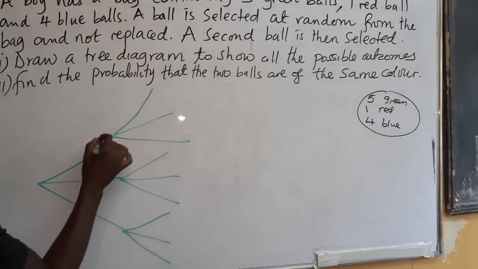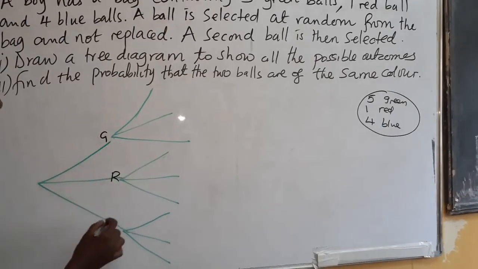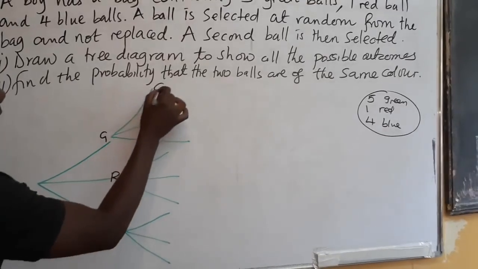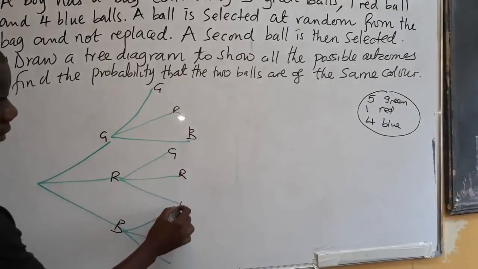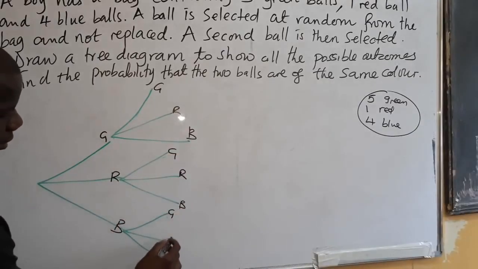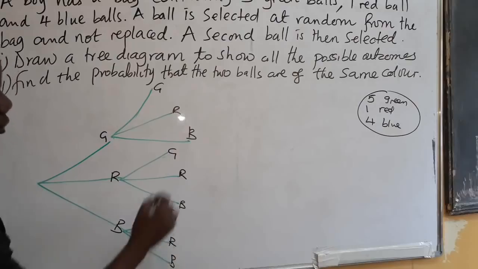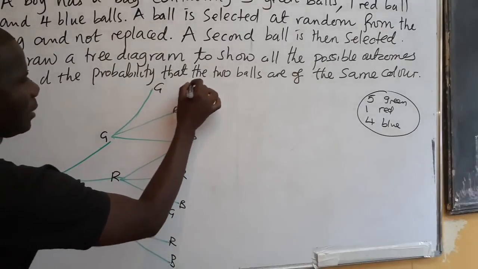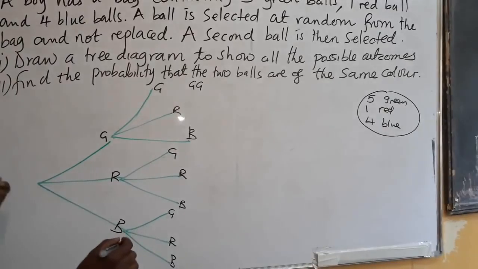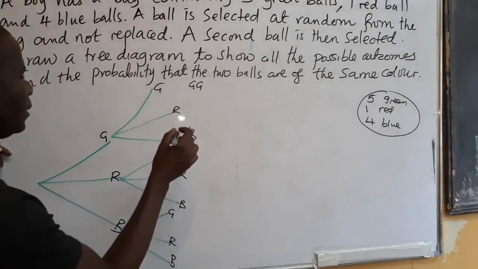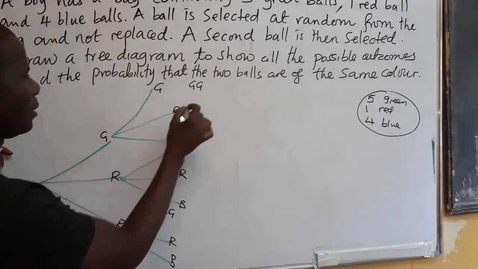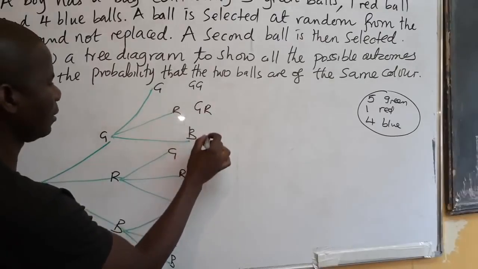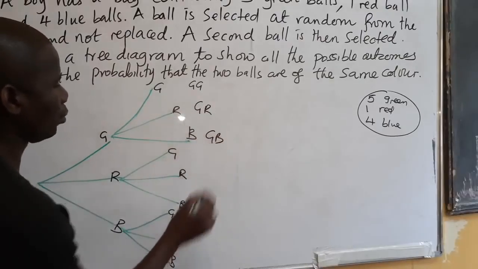Okay, so now what colors are we dealing with? Green, red, blue. So this is the first one. It's what? Green, green. The first one is green, green. And the second one is green, red, green, blue.